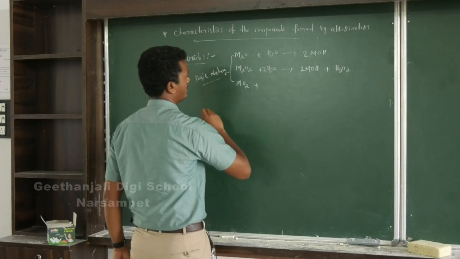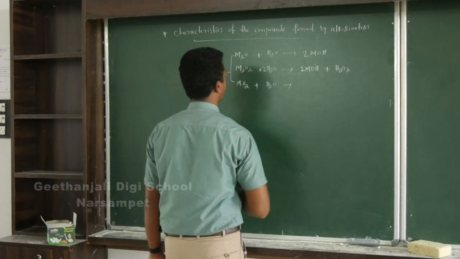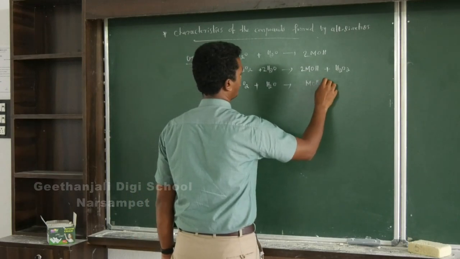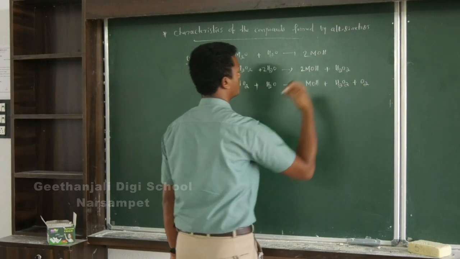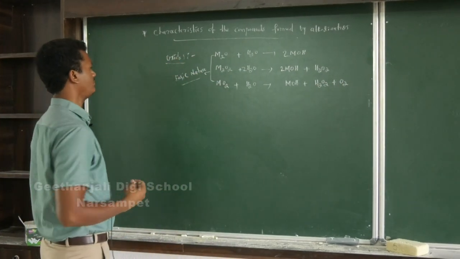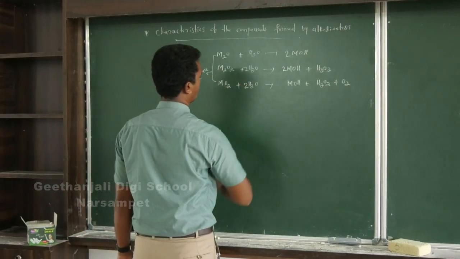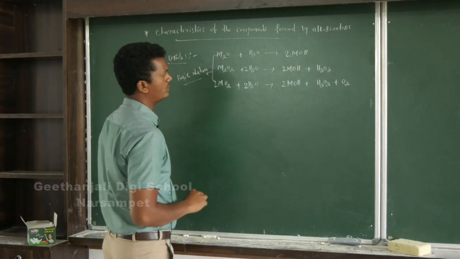Whenever we take superoxides, when they react with water, they form MOH type of hydroxides with hydrogen peroxide along with the liberation of oxygen. Here we need 2 H2O, 2 MOH, 2 MO2.